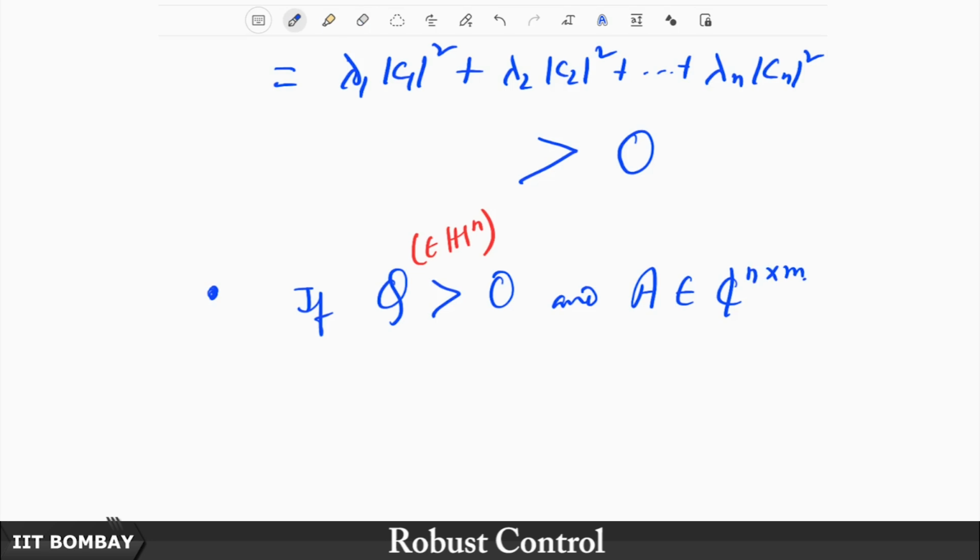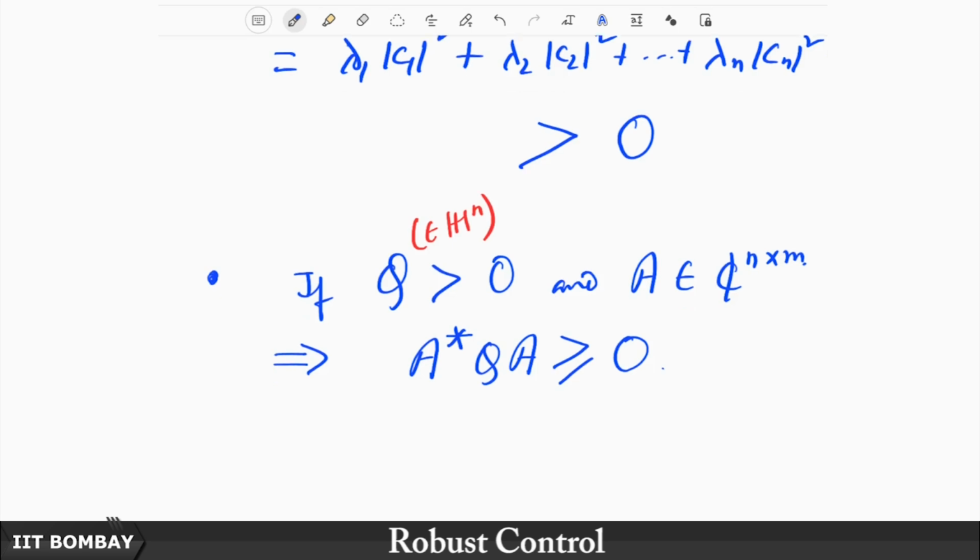We are not imposing any special structure or special property on this matrix A. The only thing we are saying is that Q is positive definite. Then it turns out that we can actually say that the following matrix, that is A Hermitian Q A, is also going to be positive semi-definite.